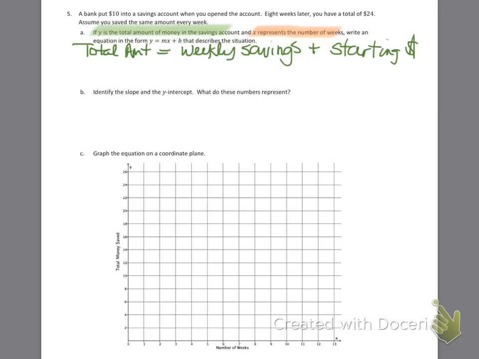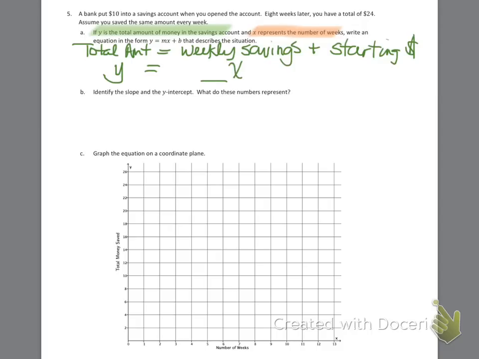Okay, so my total amount by my variables is Y, and then my weekly savings, if I want to think about writing an expression for that, I save a certain amount each week, and then I multiply that by the number of weeks that are there. So the number of weeks is X.